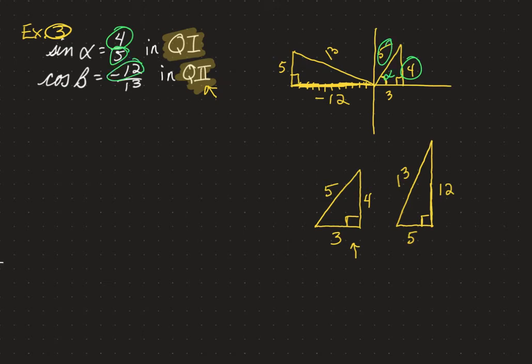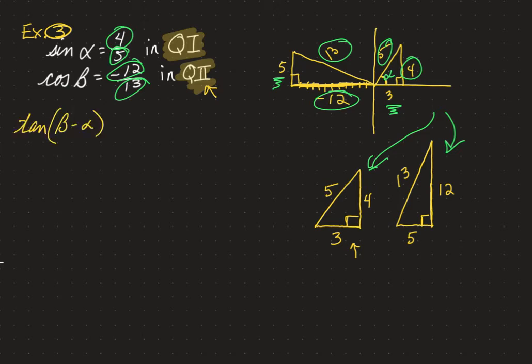They gave us negative 12 and 13 for beta, and we were able to fill in the other two values because we're familiar with these two special triangles. And if these were not special triangles, we could use the Pythagorean formula. So knowing the sine of alpha and the cosine of beta, we were able to draw the complete triangle and label the sides appropriately. Now that we have all those sides labeled, we can work with any of the trigonometric functions we want to.